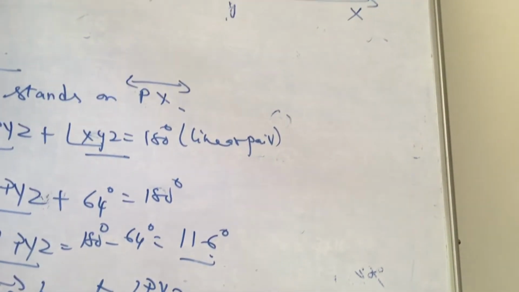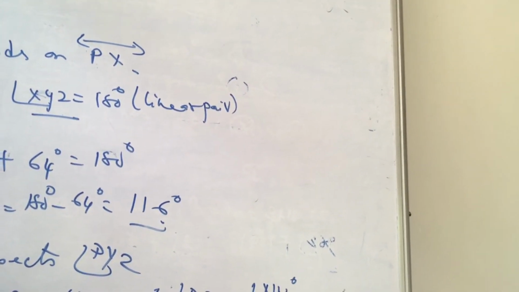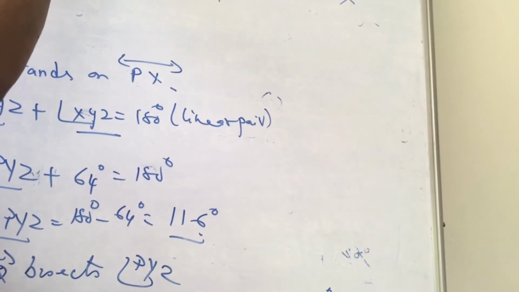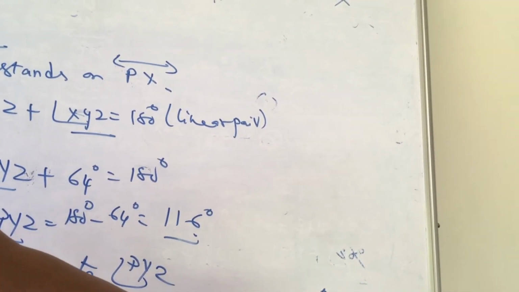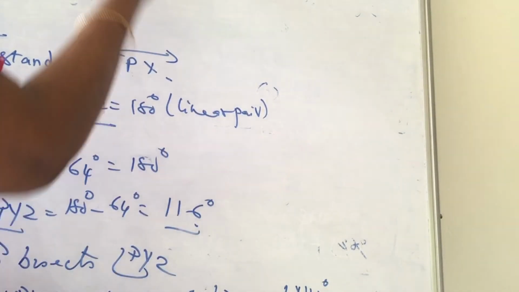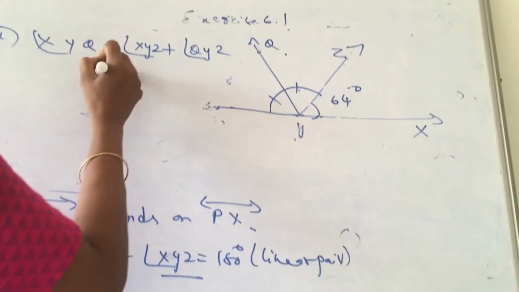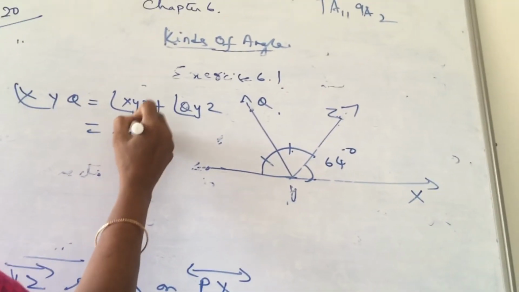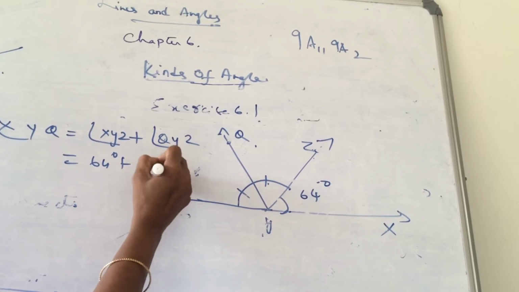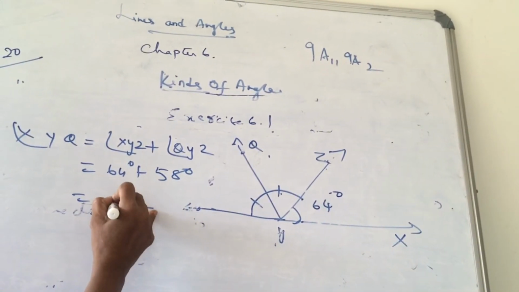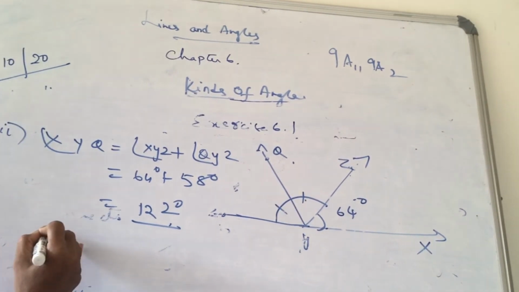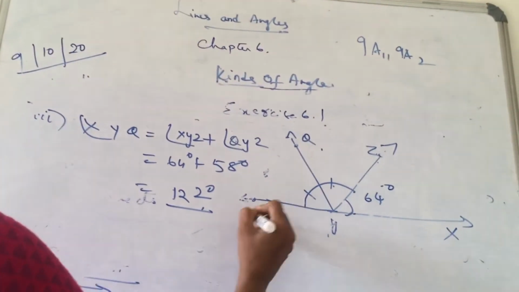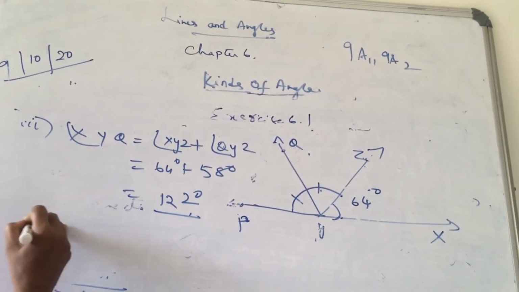Now the question for you is find angle XYQ. Angle XYQ is equal to angle XYZ plus angle QYZ. XYZ is how much? 64 plus 58. That is how much, children? 122 degrees. And reflex angle QYP, fourth bit.